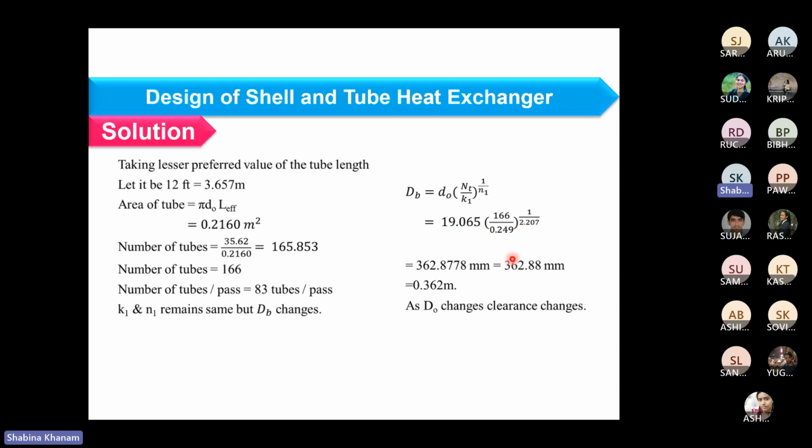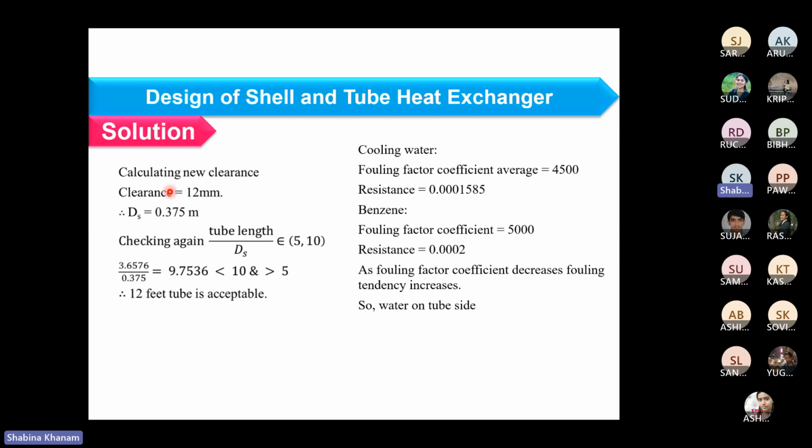Bundle diameter would be like 0.362. So it will change the clearance also. Now I am getting the clearance, and the shell diameter you can calculate, and then we can find the L by D ratio, which is now coming as 9.75, which is between 5 and 10.